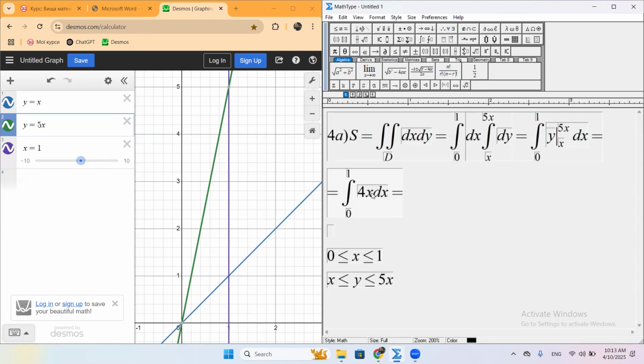And now integrating this, it will be 2x squared with limits of integration from 0 to 1. And by the way, if we look at this plot, it will look like 2 square units.